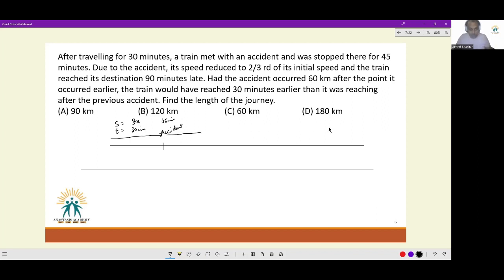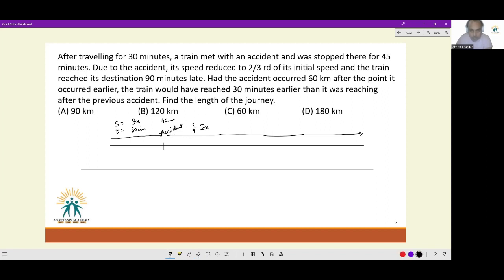Now, train moved forward with a speed of 2x.